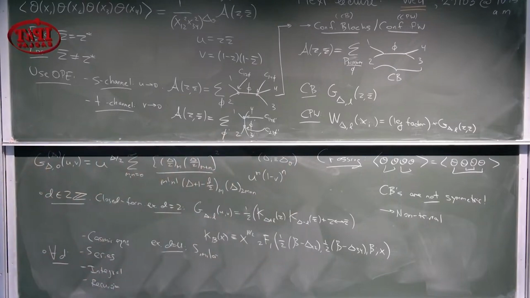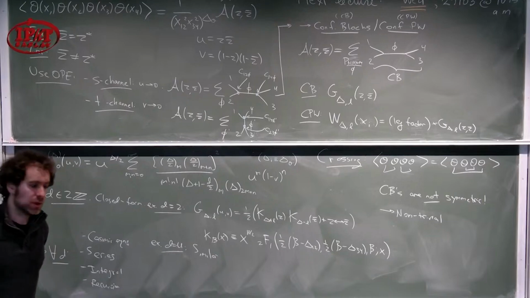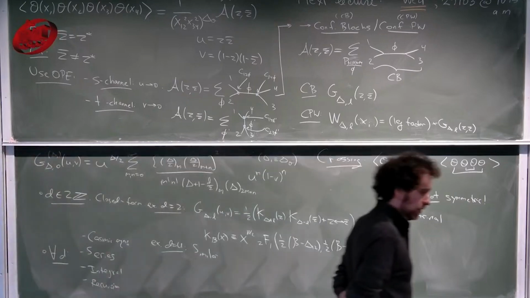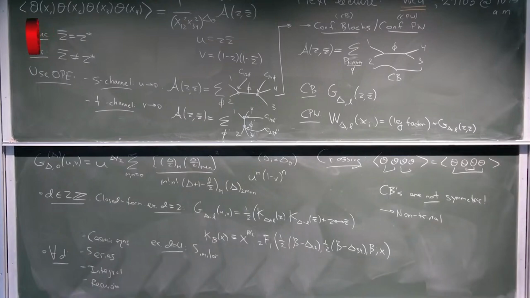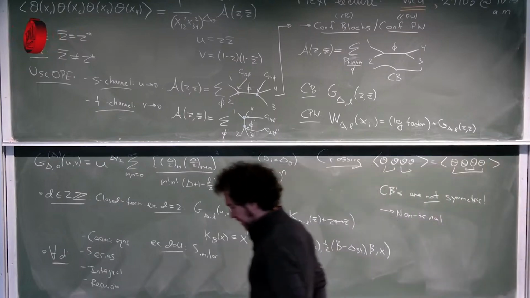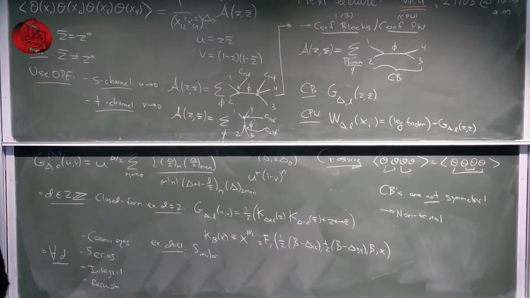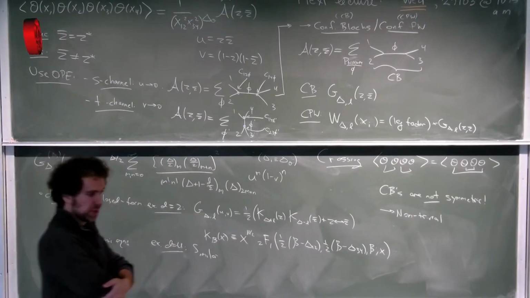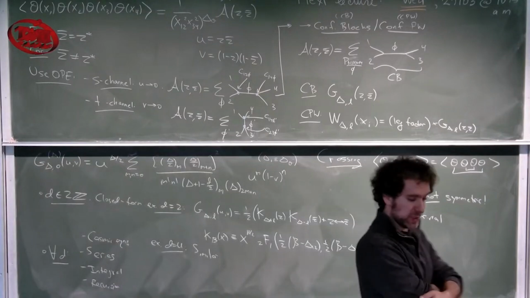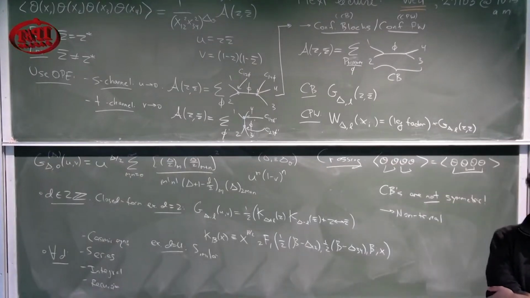Excuse me, I was not totally clear about that. Physically, why is this the case? He's asking, do the blocks depend only on the differences between external dimensions, Delta 1 minus Delta 2?